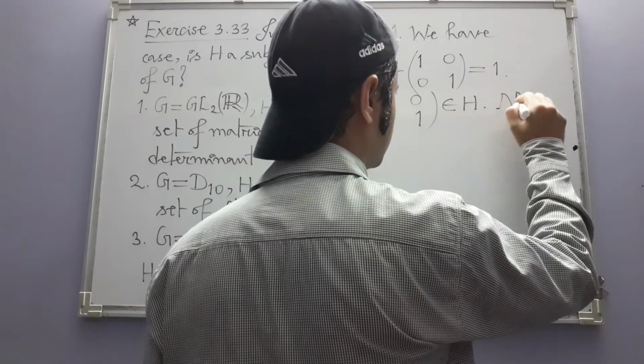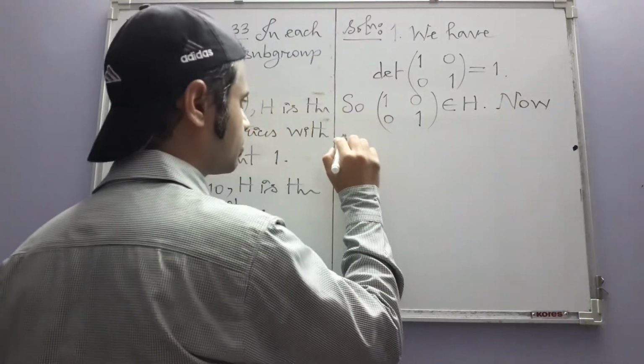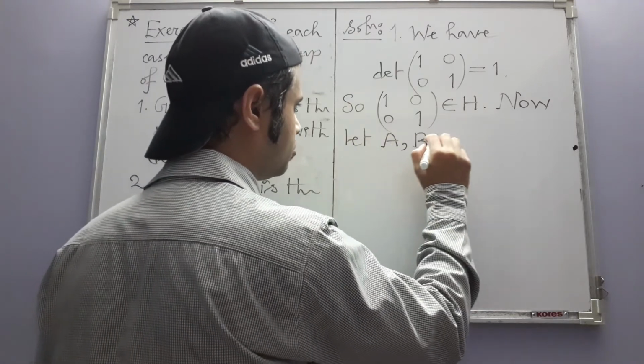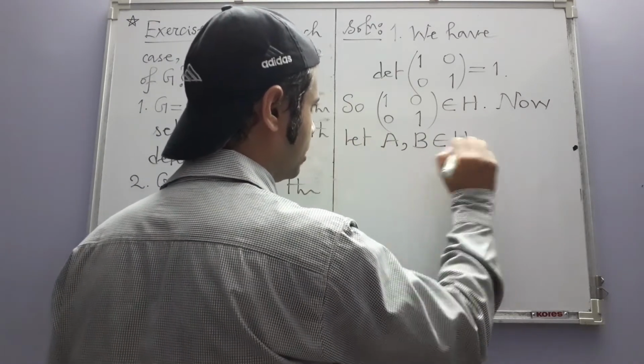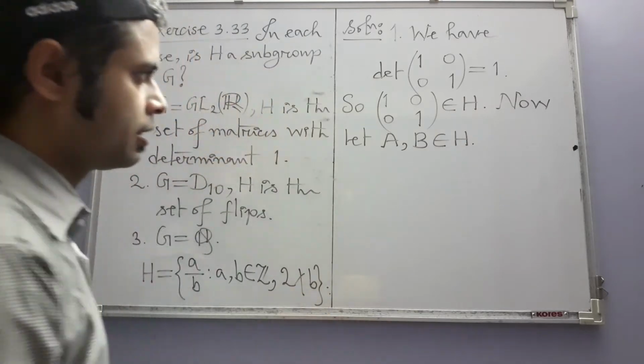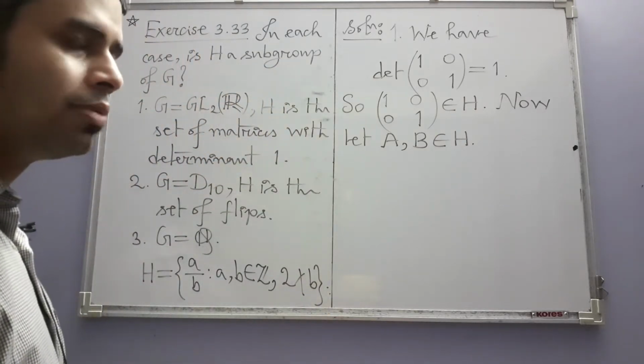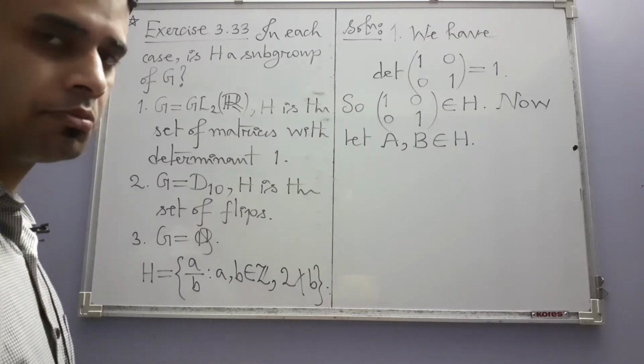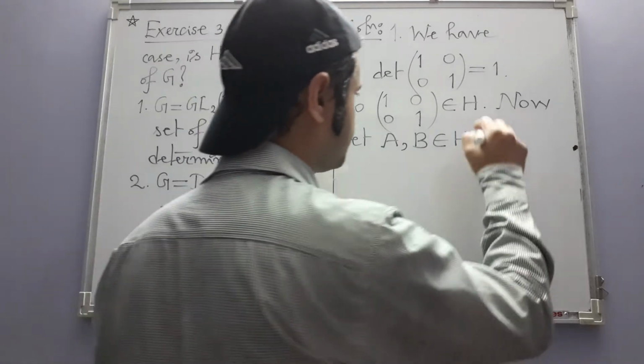Now let A and B be two matrices in H. That means A and B are 2 by 2 real matrices where the determinants of both of them are equal to 1.